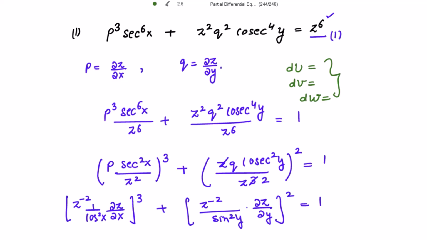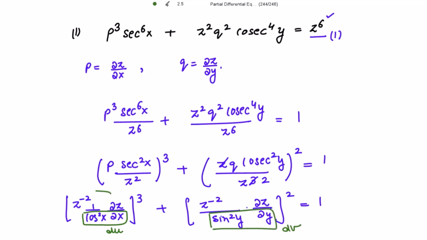So for that, let me take this complete denominator to be du and this complete denominator to be dv, and considering this remaining numerator, which is same in both the terms, to be dw. So this is dw.